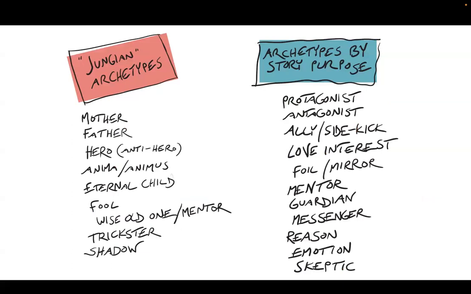So these are partly taken from Campbell's monomyth or the hero's journey, and they have also been used in early American radio plays from the 1920s and 30s, so that you have the protagonist and there's an ally, and then there's the love interest, and usually the antagonist also wants the love interest, and the ally or one of them might be the so-called weak character who can be swayed. So it could be a false friend.